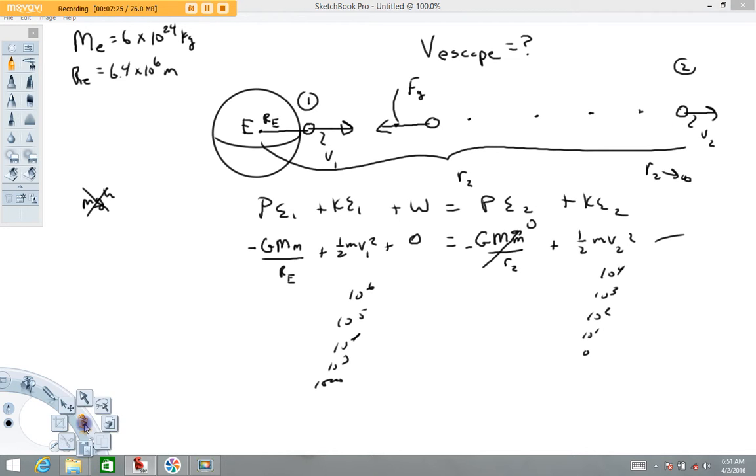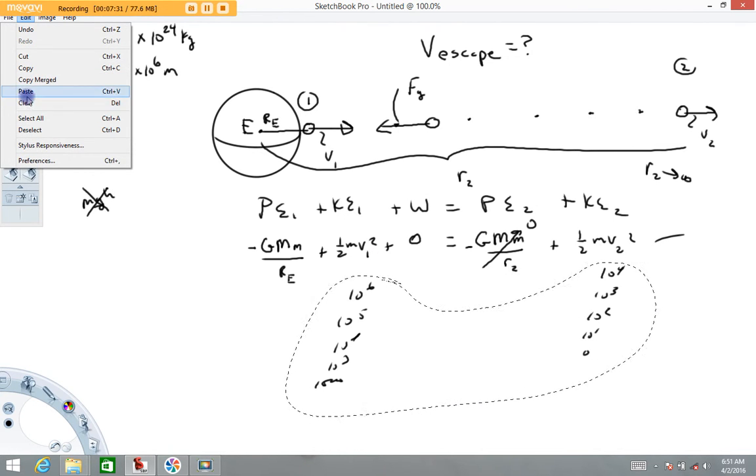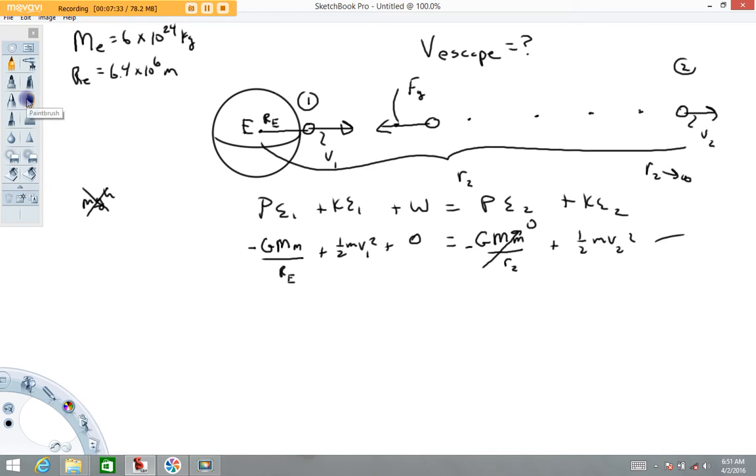And that's what the escape velocity is. So because we're looking for the minimum possible speed to break orbit, we're going to set this to 0. Forcing this to 0 will make this the minimum possible speed. We'll make that a V-min. That gets us the minimum possible speed to break orbit.